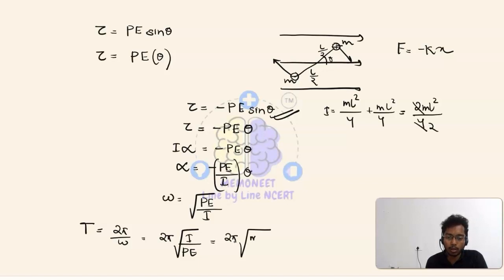What is p? p is equal to q into l, the charge into the distance of separation. So the time period is 2 pi square root of mL square upon 2 qLE. This is how we can find the time period of rotation.